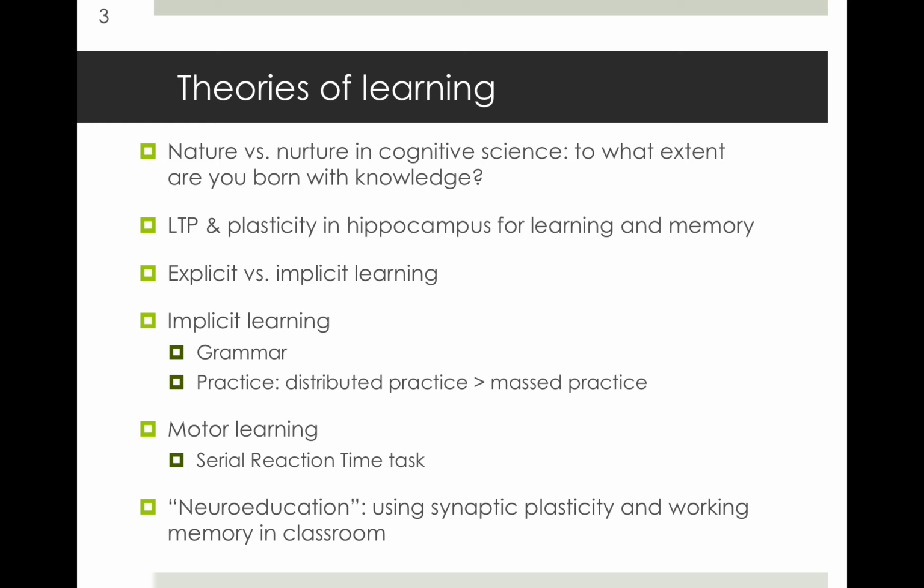In other words, you have innate knowledge. On the other hand, you have people who really embrace the nurture side of things, right? At the extreme end of this, you would say that people are born with no knowledge, a blank slate, and everything that you know is based on experience. And of course, again, truth is somewhere in between.